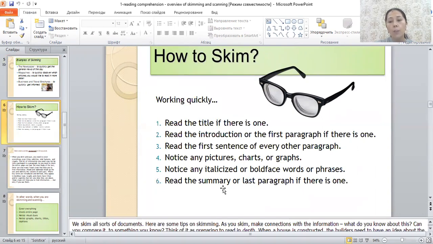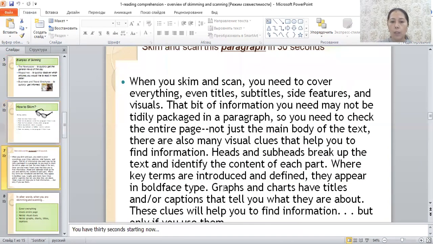If there are any pictures, try to look at the pictures and notice them, and think what this text is about. If there are some italicized words, these are also helpful for skimming. Read the summary and the last paragraph if there is one. So each paragraph is helpful for skimming and for gaining the gist of this text.